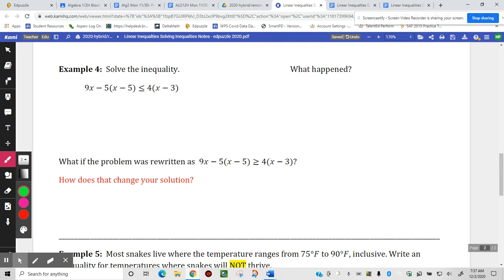Right. Now I want you to take a minute, pause the video, write this down, and see what happens when you solve this.